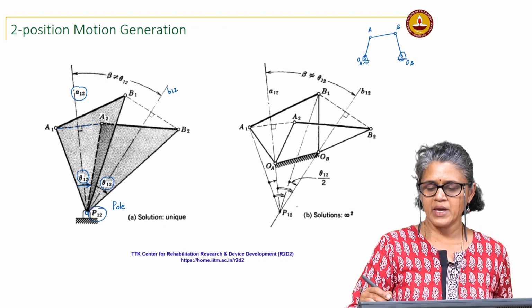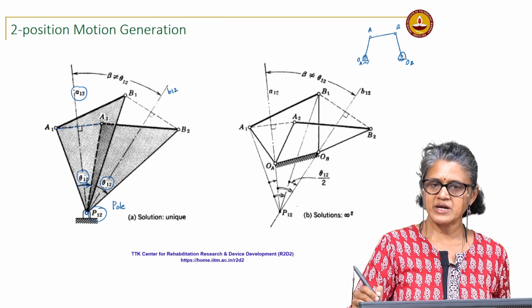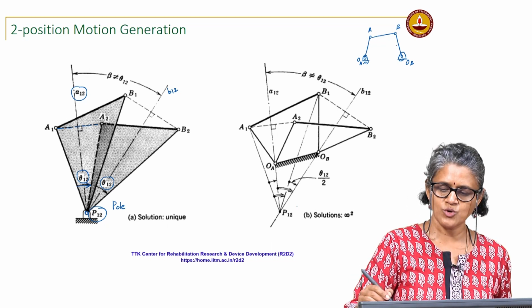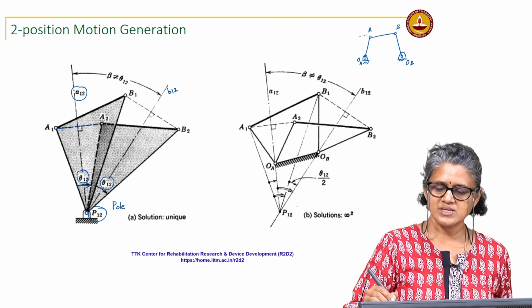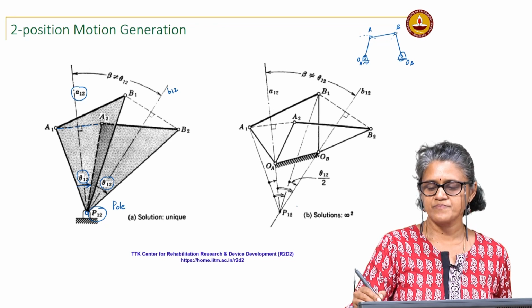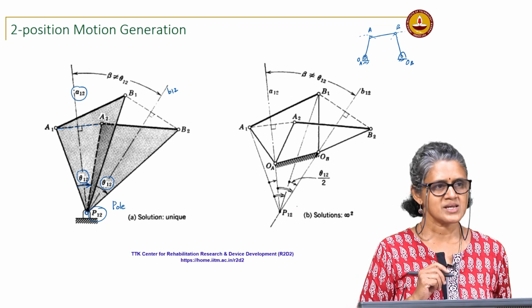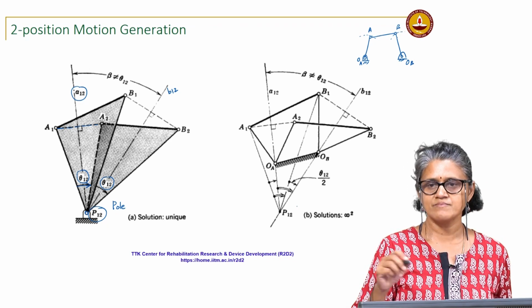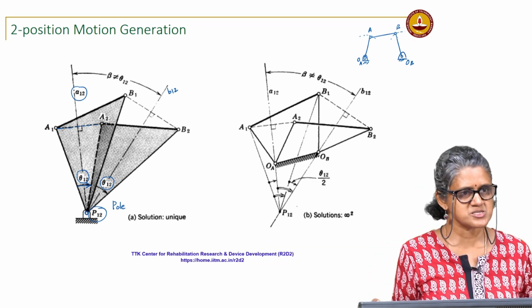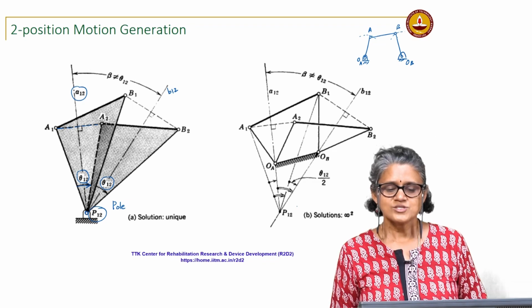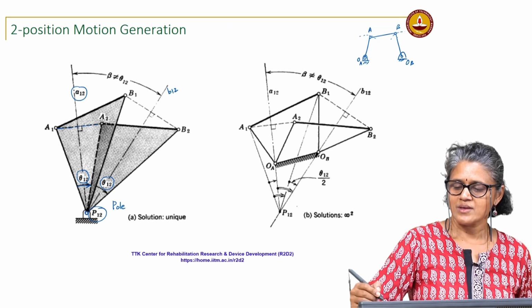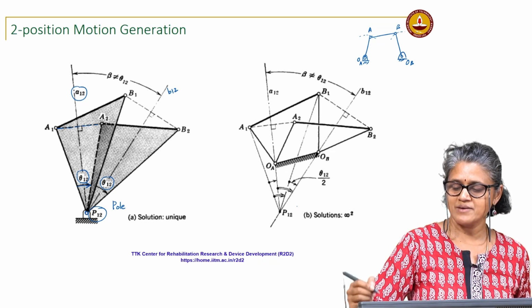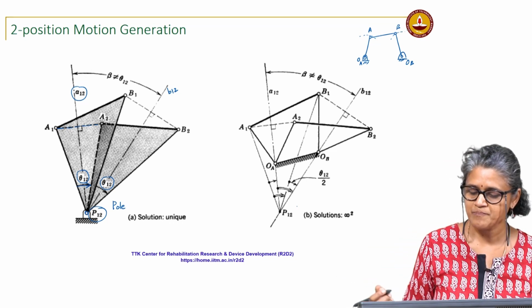this link OAA and OBB are pivoted about fixed pivots. So, A traces an arc, B traces an arc centered at the respective fixed pivots. Okay. So, when you pivot, it traces an arc. Okay.